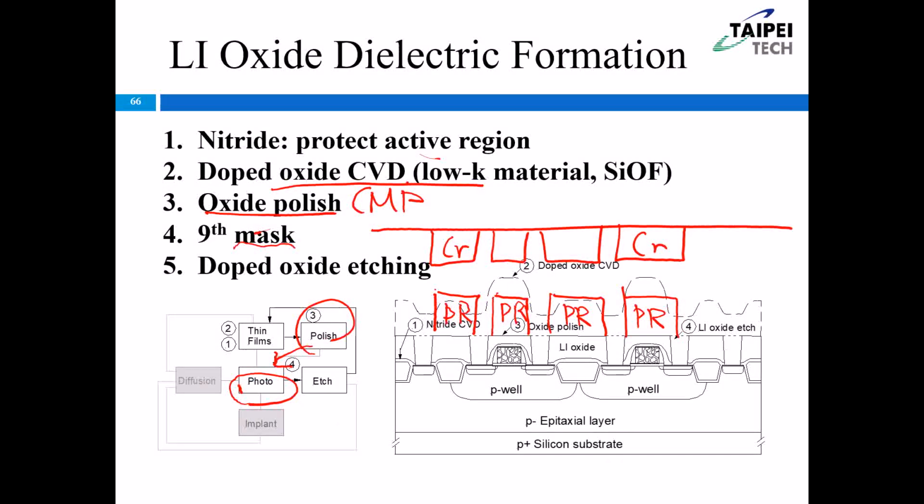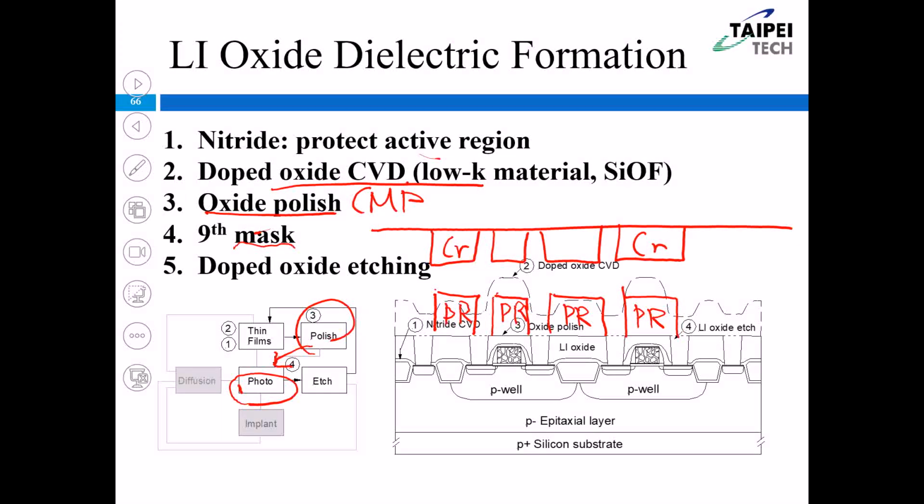Right now we have the PR on top of the outside here, so this outside can be protected by the photoresist PR. Next, we go to the etching process. We can remove the outside without PR protection.